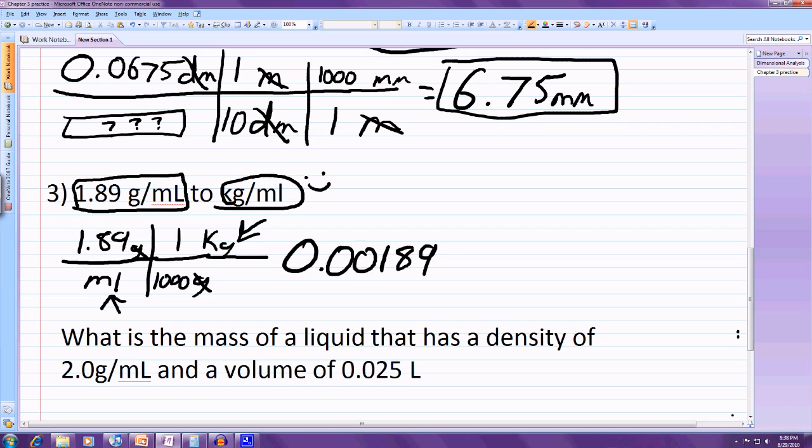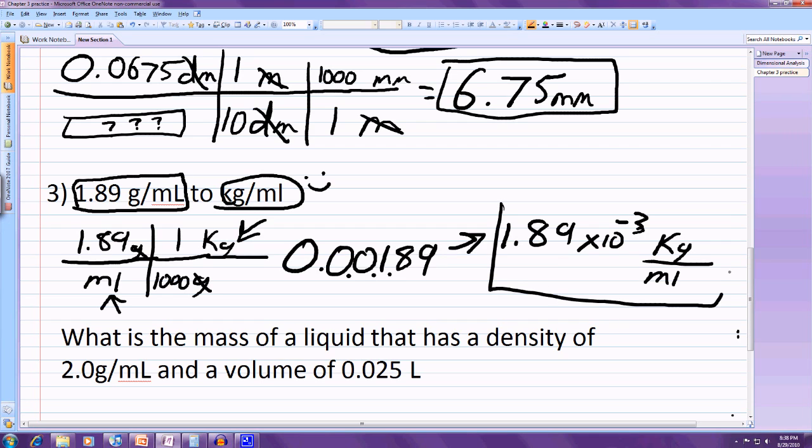We could convert that to scientific notation also. So we put 1.89 times 10 to the negative 3. And what is our unit here? Kilograms per milliliter. Okay, so that would be our final answer for this.